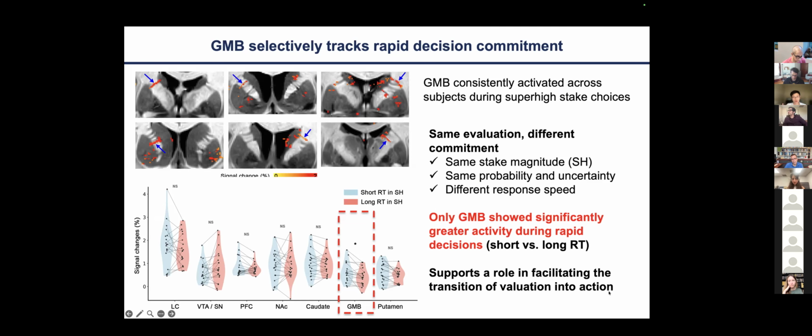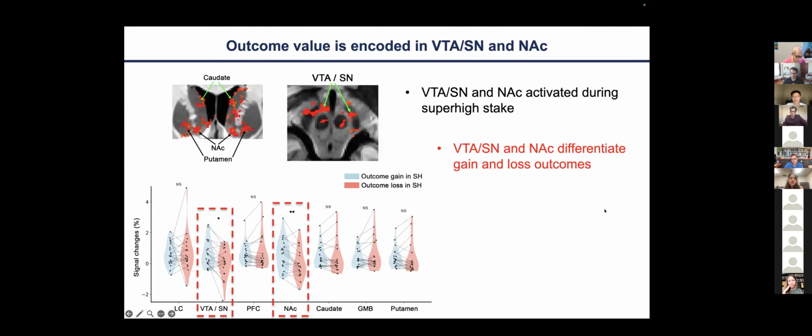So based on those two results, we can understand the gray matter bridge function. It's after evaluation, and it acts as a role facilitating transition from evaluation toward action. So this is the gray matter bridge part of the results.